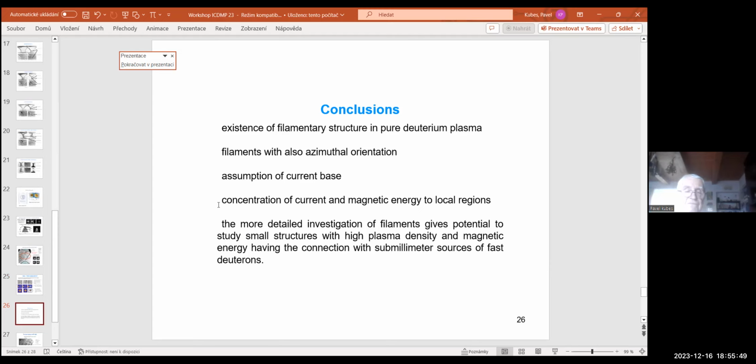What is important is that in this case, it is possible to concentrate the energy density, current density to small localities with dimension of hundreds of microns. And more detailed investigation of filaments gives potential to study small structures with high plasma density and magnetic energy having the connection with submillimeter sources of fast neutrons.